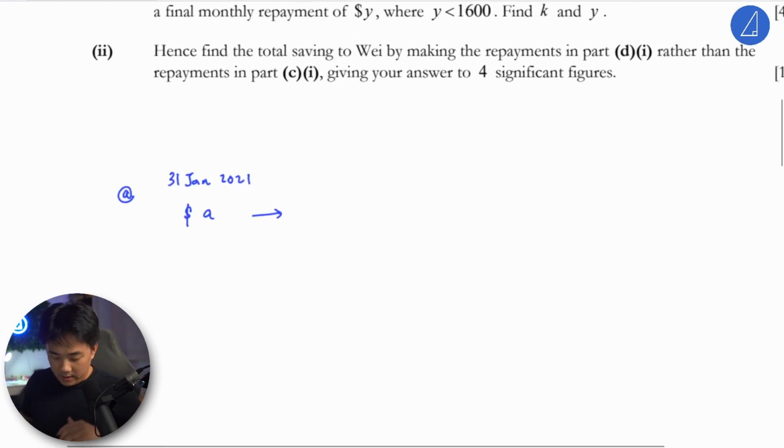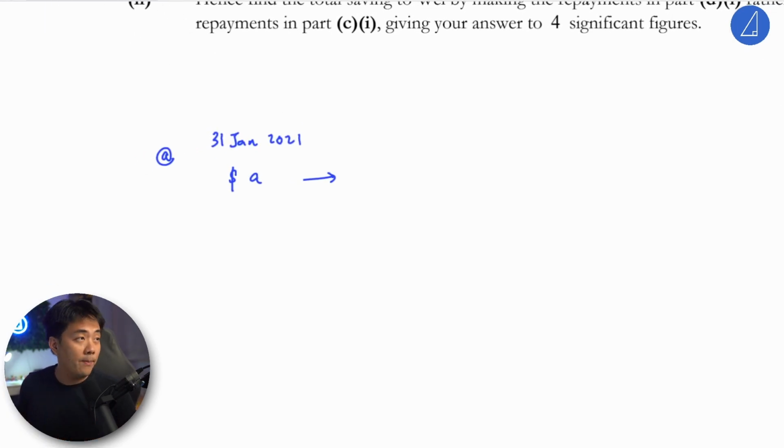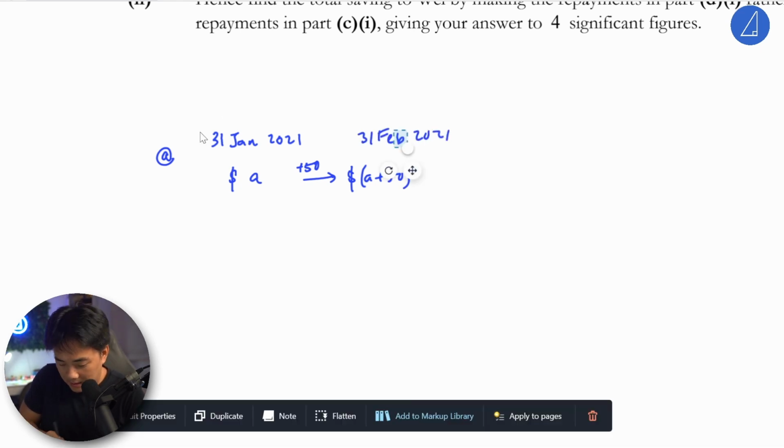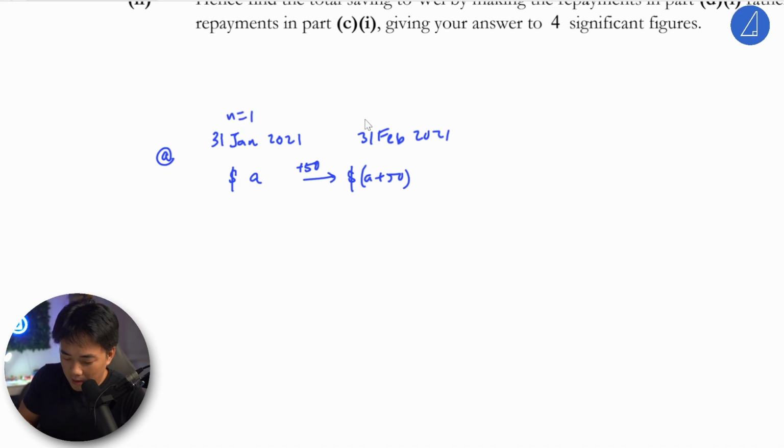What we know is this is 31st Jan 2021, then $a, then she added 50. This would be a plus 50, right? This is 28th Feb 2021. So you have to understand that this is n equals 1 and 2.